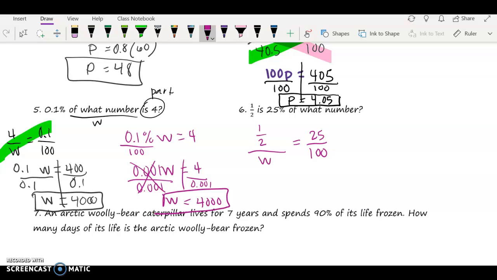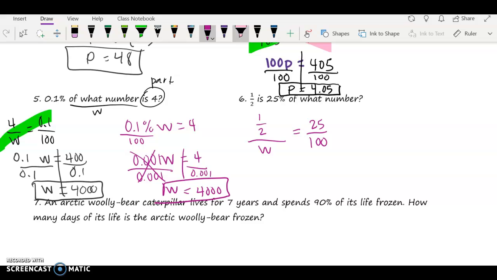That's my W. So I'm going to cross multiply. 1/2 times 100. 1/2 is 0.5, so 0.5 times 100 is 50, so think of it as like half of 100. So I have 50 equals 25W, divide by 25 on both sides. Those cancel, and so W equals 2.